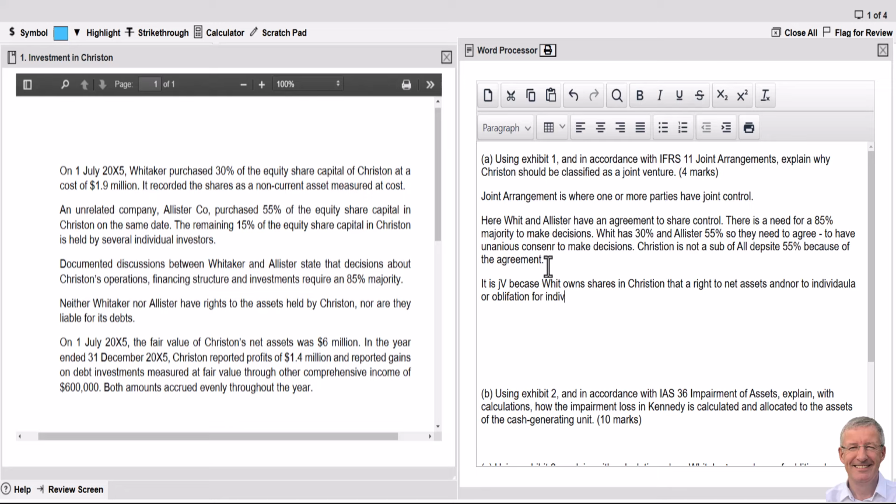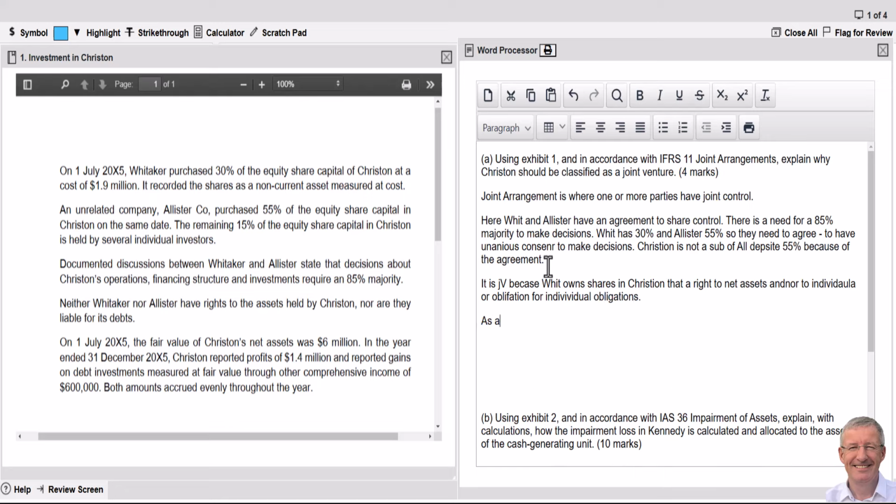So, that's the justification. And I do think you do need to justify for individual obligations. So as a joint venture, equity accounting is applied.